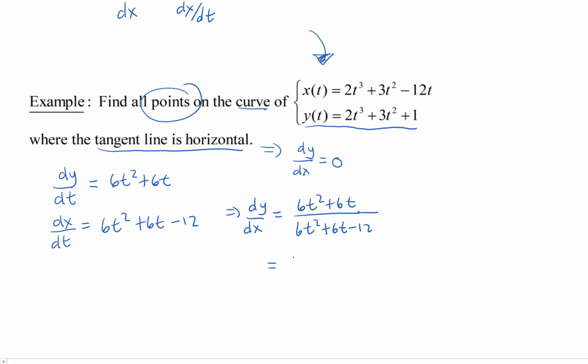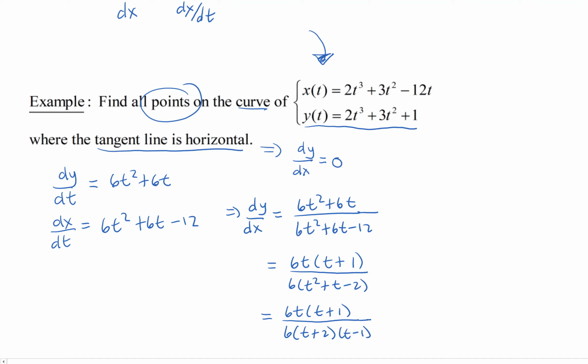In the numerator, I can factor out a 6t, and I'll be left with t plus 1. And in the denominator, I can factor out a 6, which will leave me t squared plus t minus 2. And even furthermore, this is going to be 6t times (t plus 1), all divided by 6 times (t plus 2) times (t minus 1).